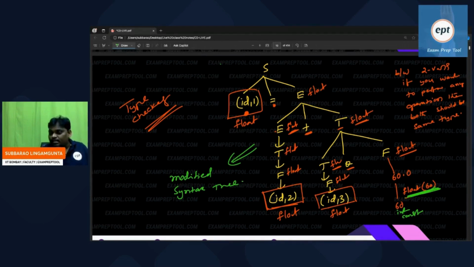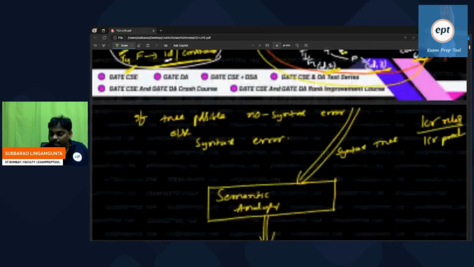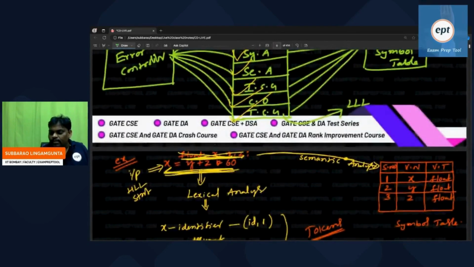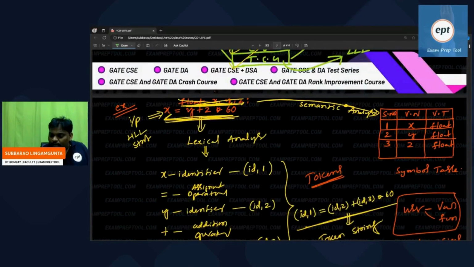Semantic analyzer, or not? That is the reason. Listen, that is the reason when our declaration came, those types will be stored by the semantic analyzer inside, because the semantic analyzer only wants types.